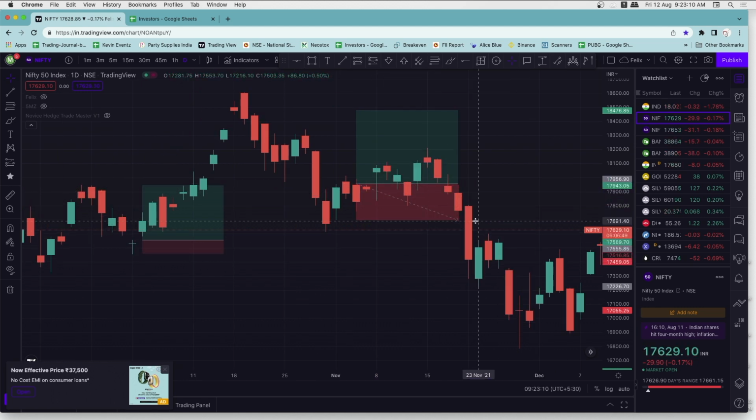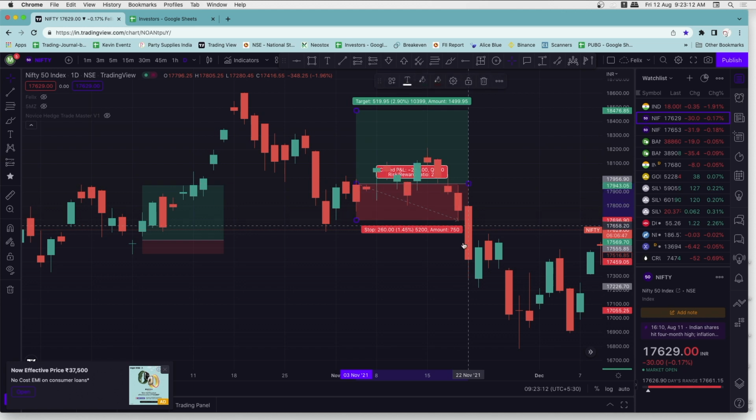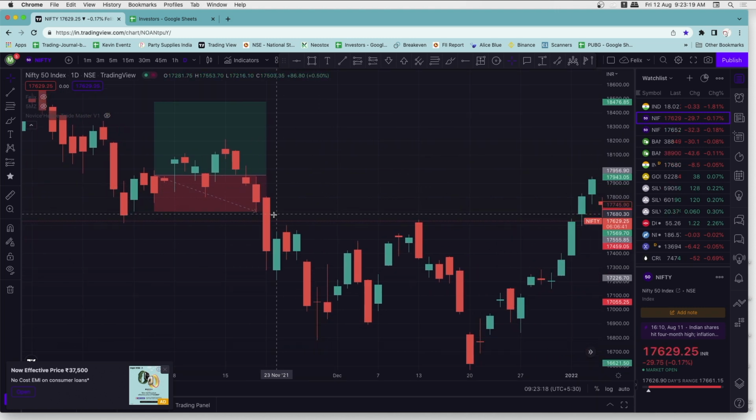It has hit our stop loss, so we will be facing a stop loss here. This month we are hitting the stop loss, only one trade, and if you want, you can take a reversal PE trade, but I will not suggest you guys. Only one trade is enough per month. If it is a loss, we will accept it. We'll see in the next month.